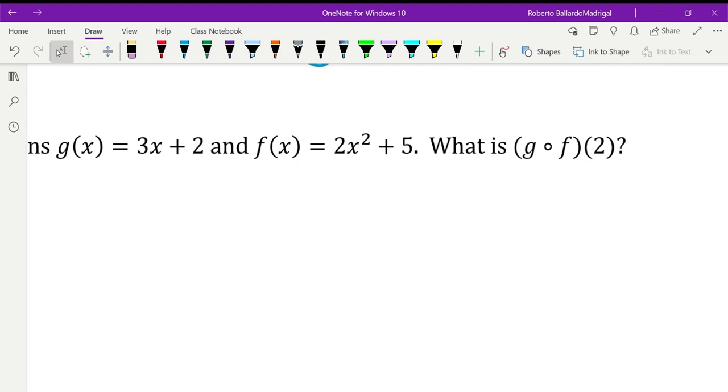Consider the functions g of x and f of x. What is g of f of 2? Let's ignore this other notation. Like I said, I don't like this, and you probably won't see it either. We want to find g of f of 2. Rewrite it like that, g of f of 2.